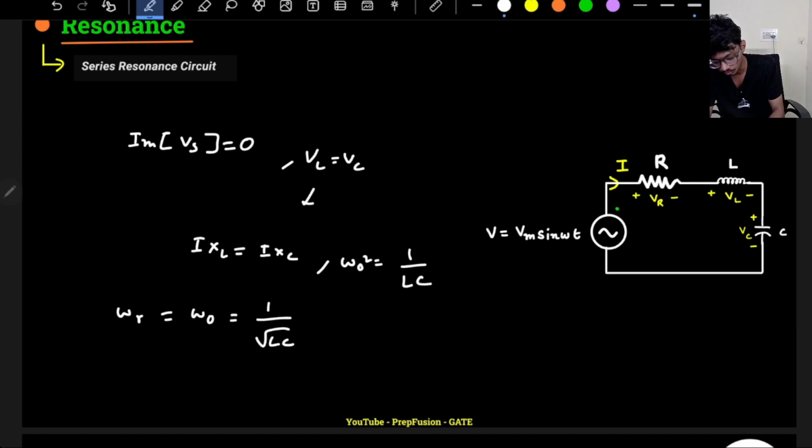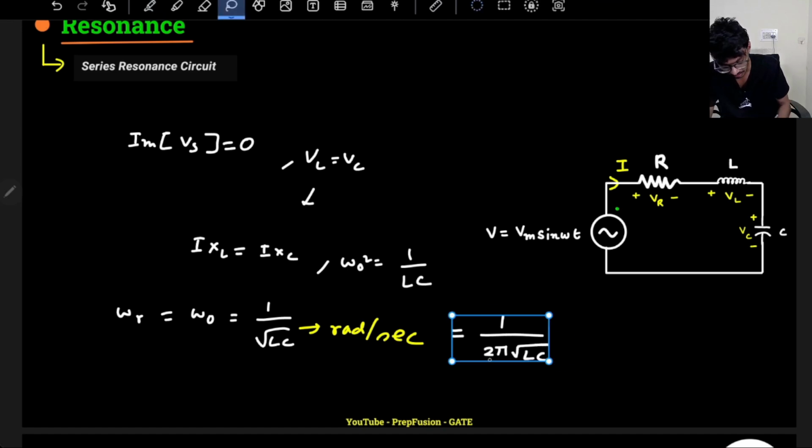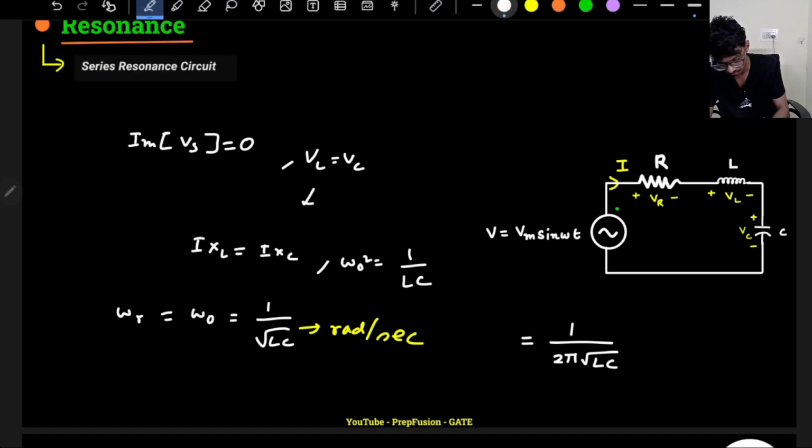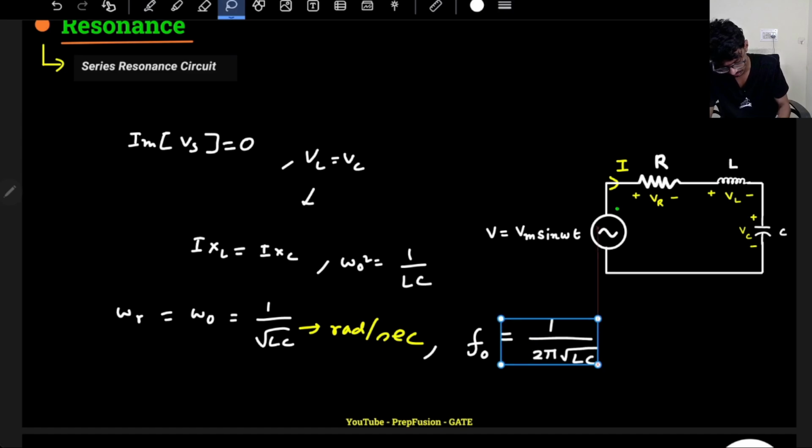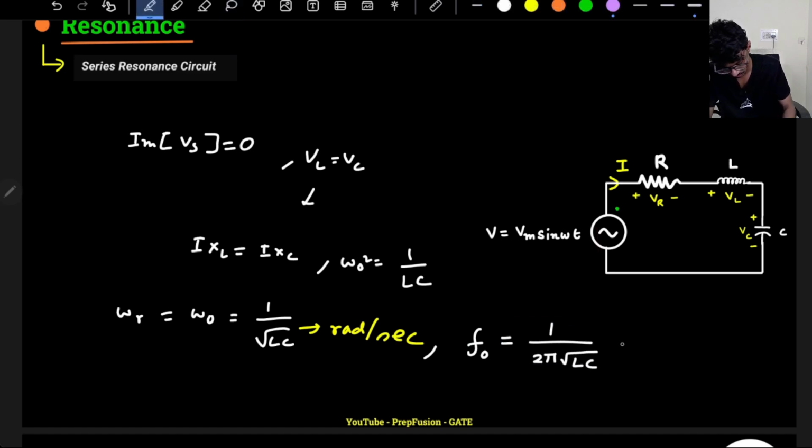This is in radian per second, so don't get confused, but I can write this as 1 by 2 pi under root LC, and this is in hertz. So there are two things here: the first is omega naught and the second is f naught. This one will be in hertz. Got it? So this is omega naught, this is hertz.